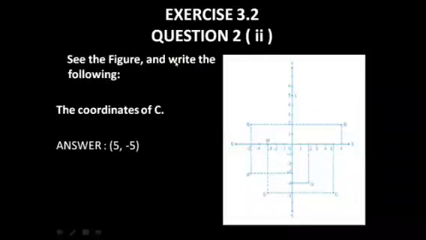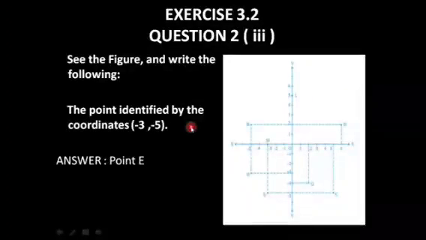The next question is to find the coordinates of point C. Let us get to the graph and see where our point C lies. Here it is. You will find that the x coordinate of C is the number 5 and the y coordinate is -5. So the answer is 5, -5, since the x coordinate has to be written first and then the y coordinate.